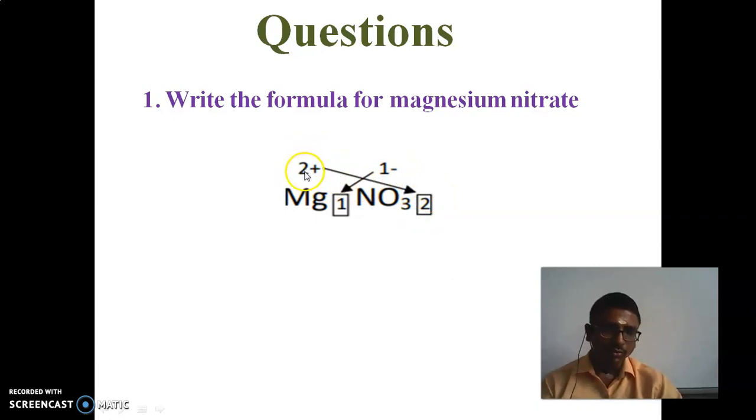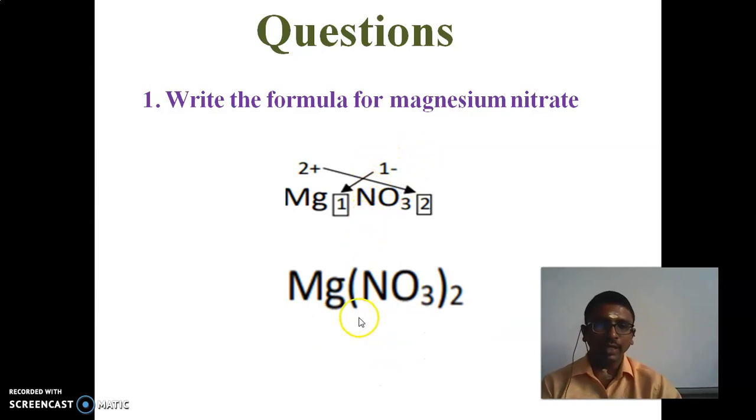So the 2 will come in the subscript of NO3. So what is the formula for magnesium nitrate, children? The valency of magnesium is +2, for nitrate the valency is -1. So the magnesium nitrate formula is Mg(NO3)2. No need to mention 1.